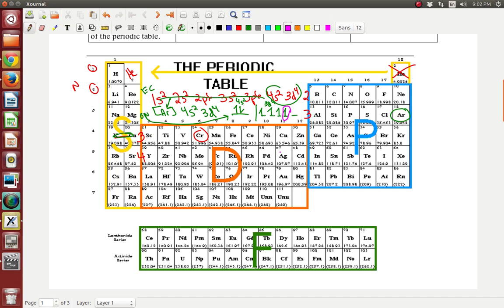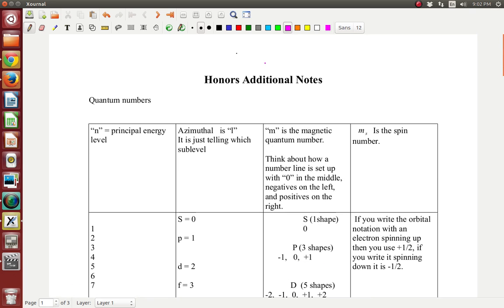So I'm going to write this information in the above example: 4s2 and 3d4, and the orbital notation, 1, 2, 3, 4, 5, up, up, up, up. And we're going to figure out the quantum number for this electron.